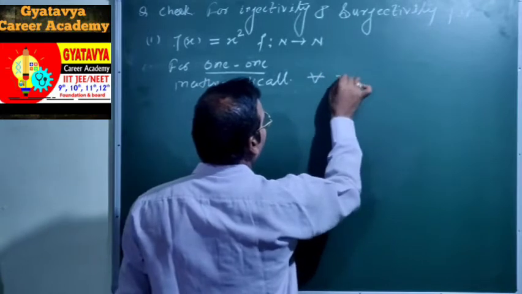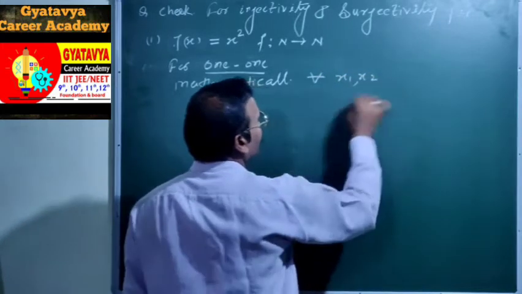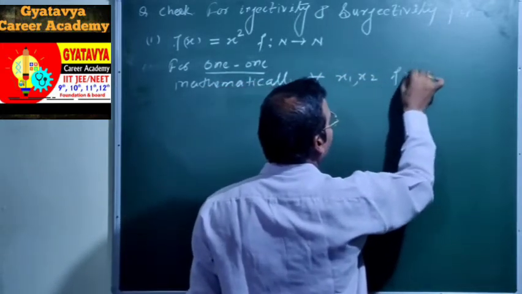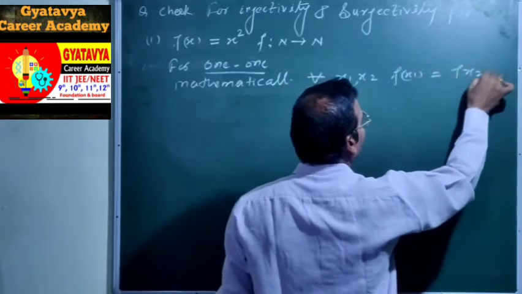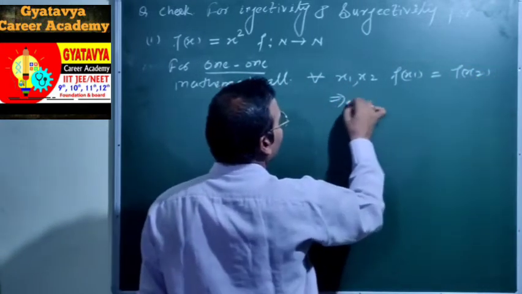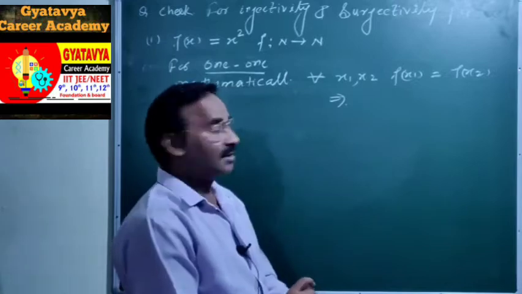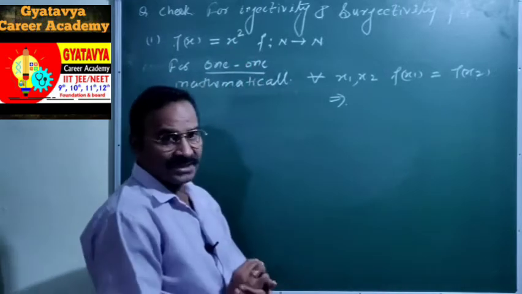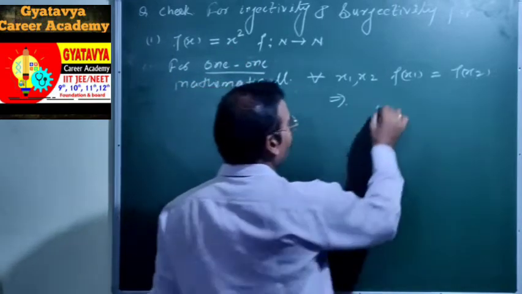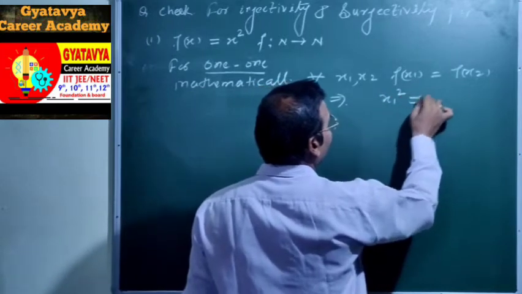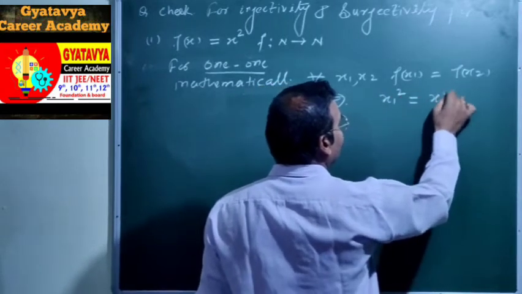for every x1, x2, if f(x1) equal to f(x2), then what is the value of f(x1)? Here f(x) equal to x square, so f(x1) is x1 square, and f(x2) is x2 square.